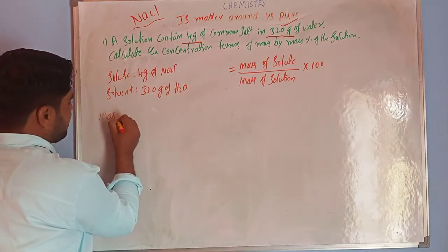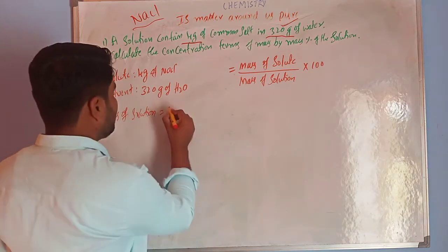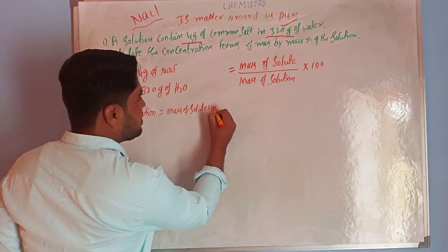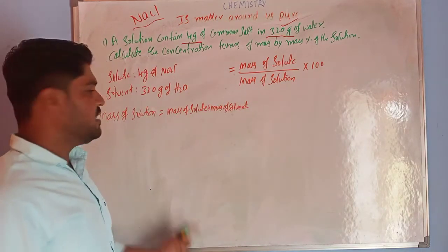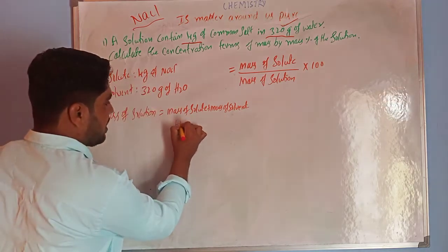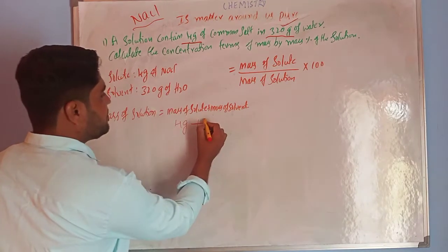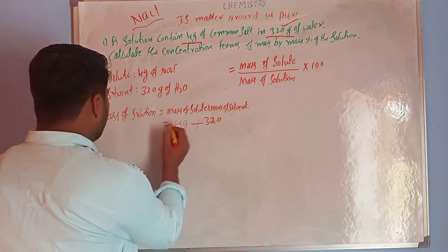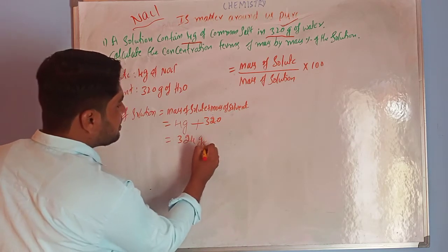Mass of solution is equal to mass of solute plus mass of solvent. Mass of solute is 4 grams, plus mass of solvent is 320 grams.